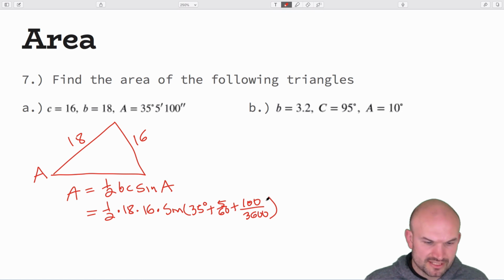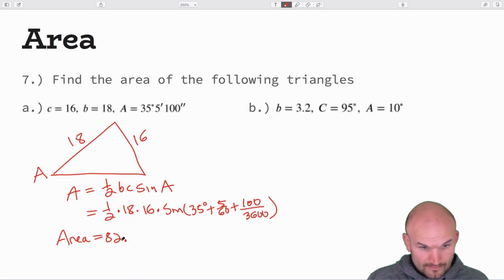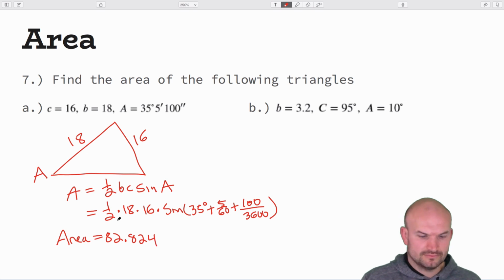And I'll close the parenthesis there. And I am going to get an area of 82.824.